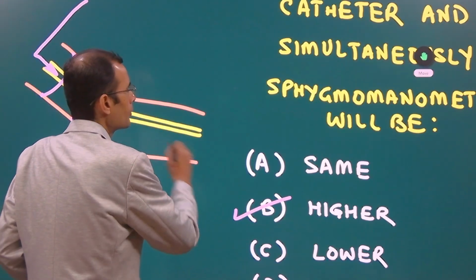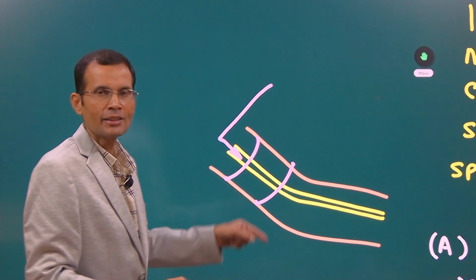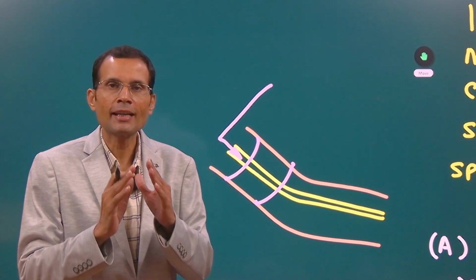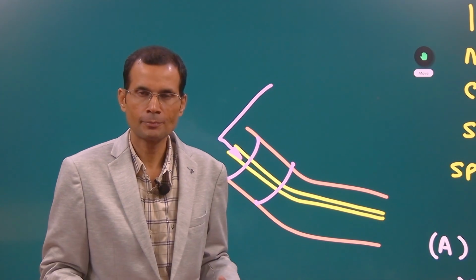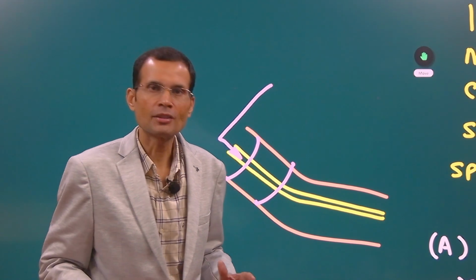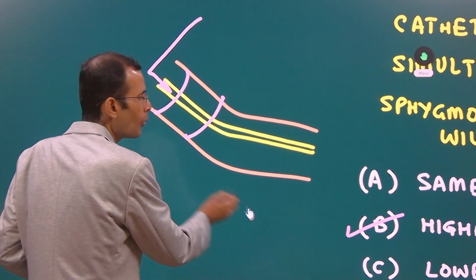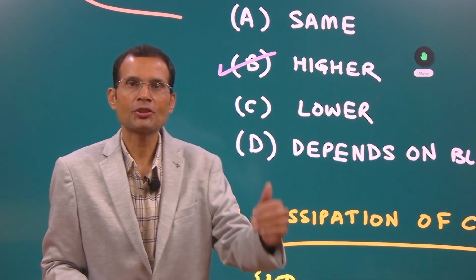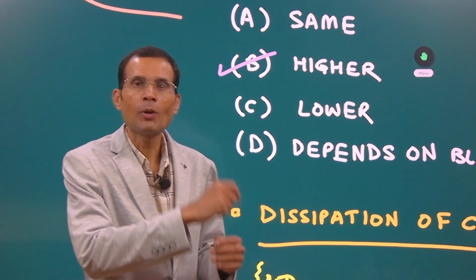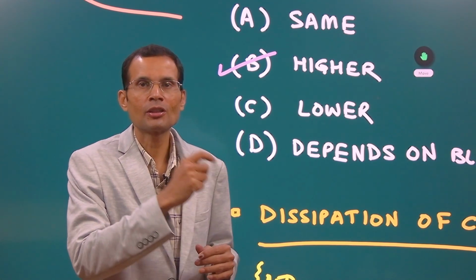By the intravascular catheter, we are getting the exact pressure which is actually present inside the vessel. That's point number one. But by sphygmomanometry, we will get a higher pressure than the one measured by the intravascular catheter.